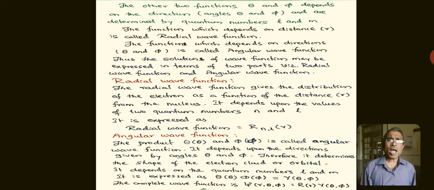It is expressed as theta, a function of theta, into phi, a function of phi, is equal to Y theta phi. The complete wave equation, that is psi, which depends on r, theta and phi, is equal to R, a function of r, and Y, a function of theta and phi.